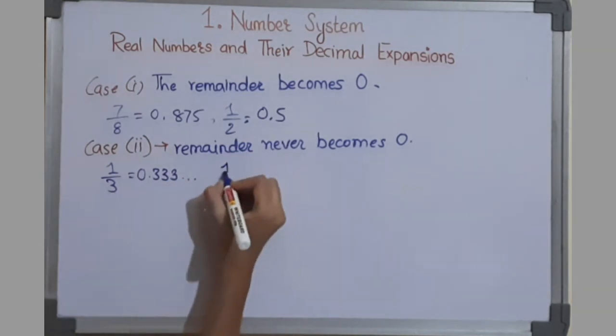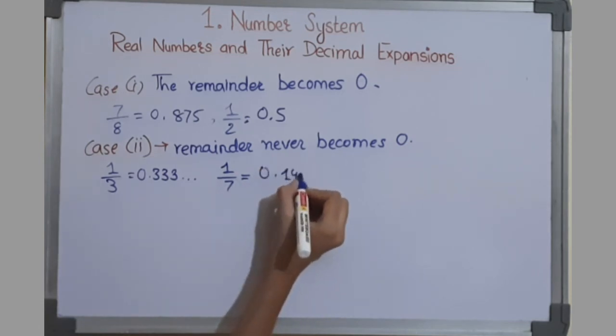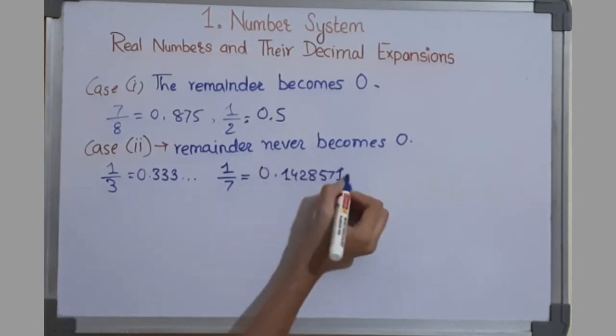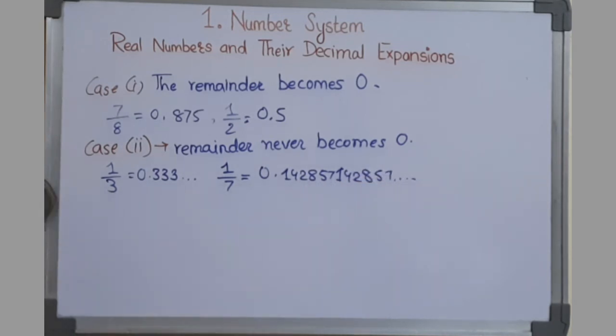In the case of 1 upon 7, we saw 0.142857142857. This block is repeating. Here we see that we have a repeating block of digits in the quotient, and we see that this expansion is non-terminating, as a certain block of digits is continuously repeating.